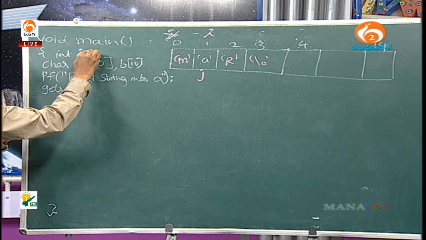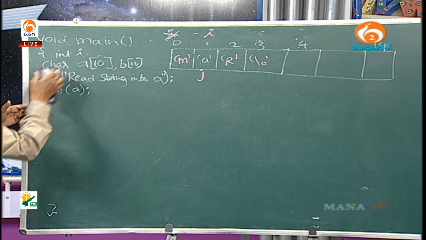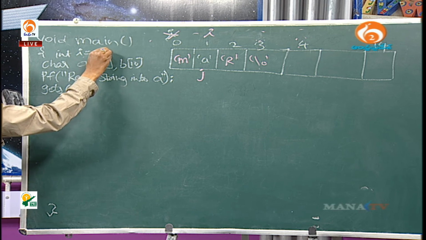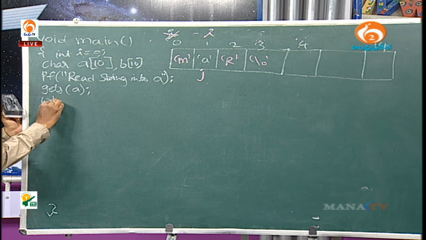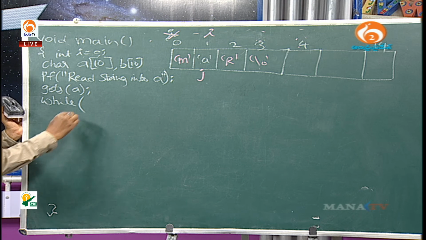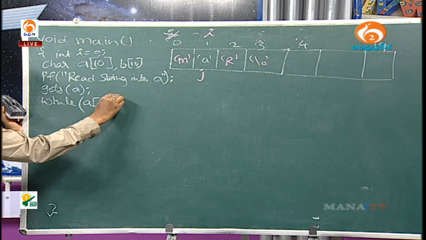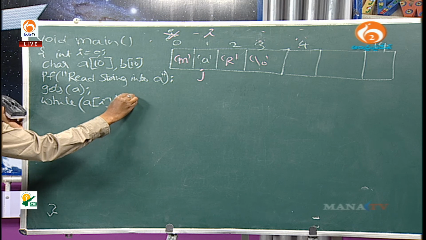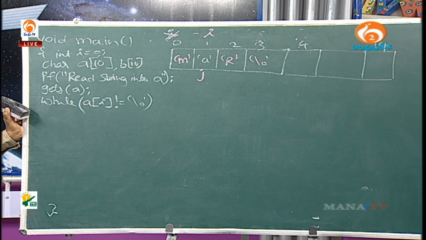No need to write another variable, initialize I equal to 0. Next while a of I, it has to be executed up to the end of the string.